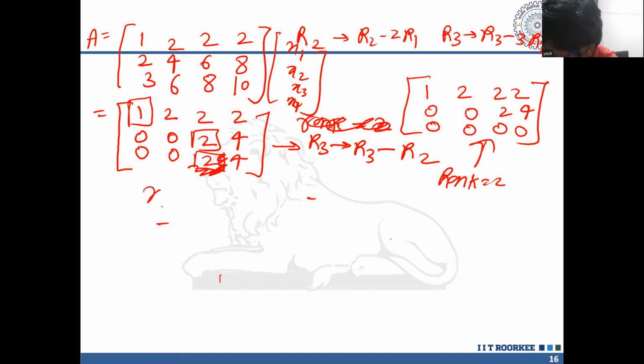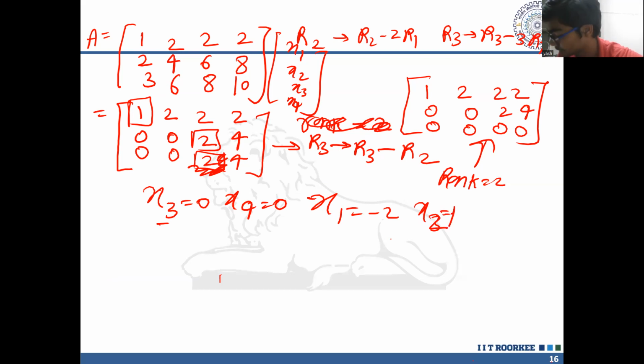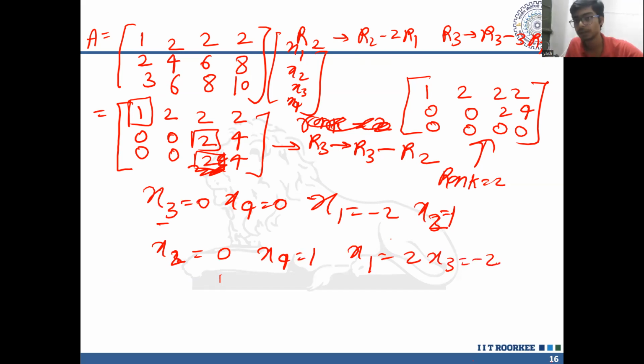Let us take x3 equal to 0 and x4 equal to 0. On solving, we get x1 to be -2 and x2 to be 1. The other solution I'm taking is x2 equal to 0 and x4 equal to 1. On solving, we get x1 equal to 2 and x3 equal to -2.